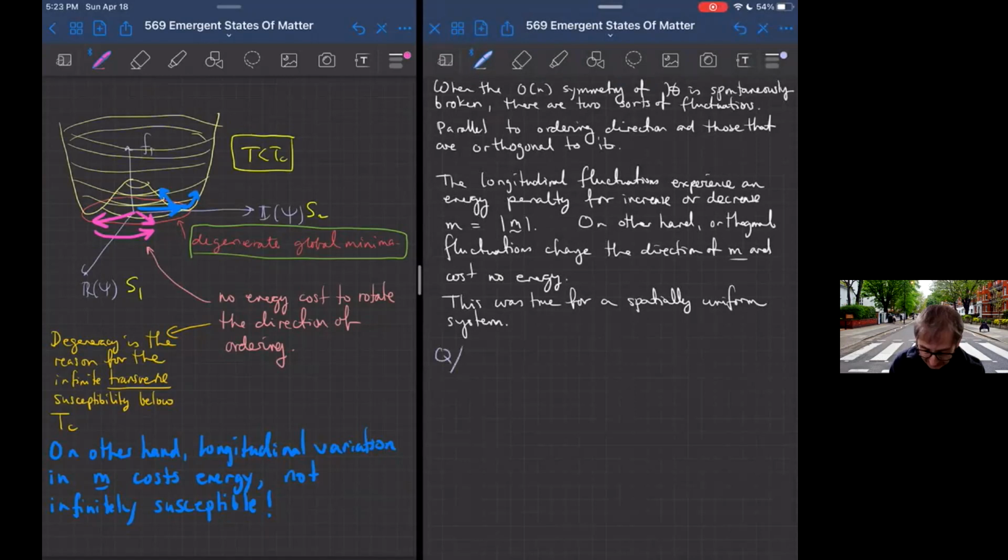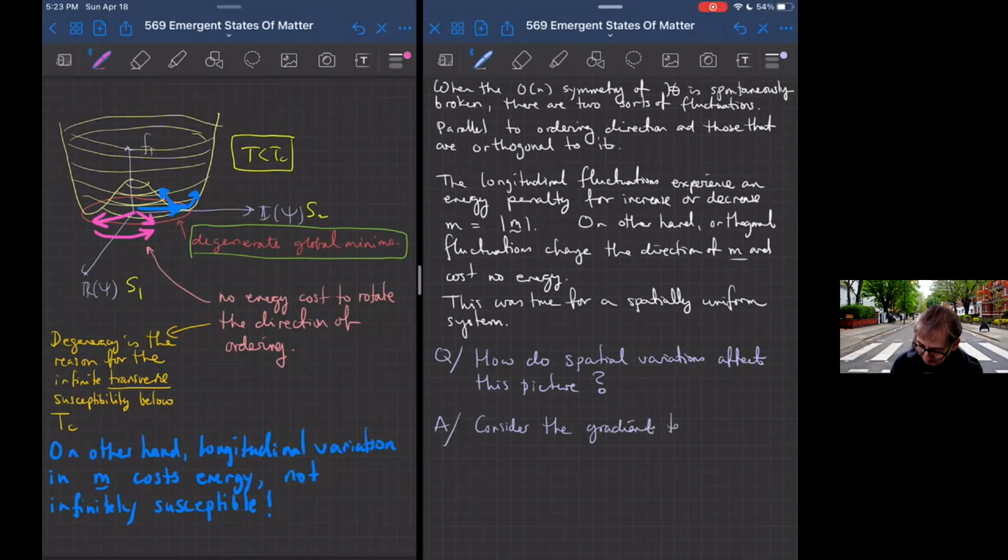So the next question is, how do spatial variations affect this picture? Okay, so now we need to consider the gradient term in our Hamiltonian, and we defined a Hamiltonian with a minus sign.